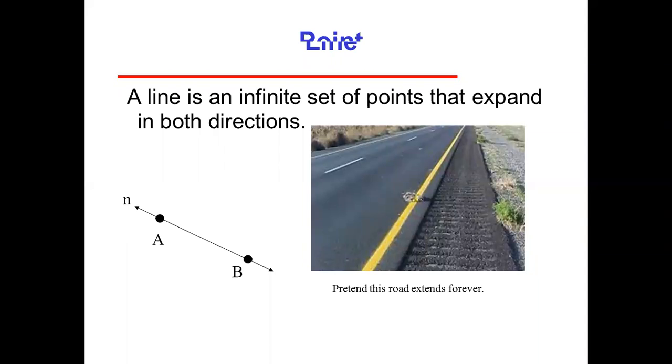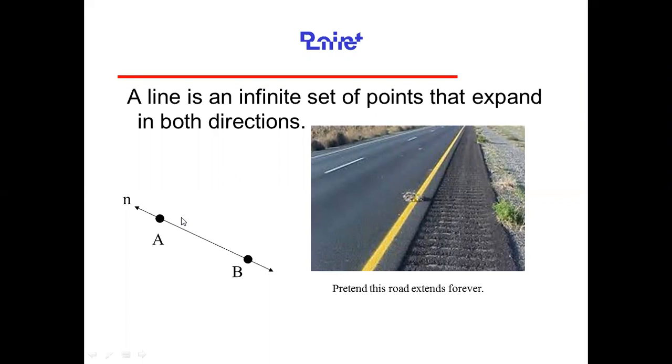In this case, a line can be extended on both sides. This arrowhead indicates that we can extend this line on both sides. That's why it is called an infinite set of points. So we can implement this line with the help of an infinite set of points.